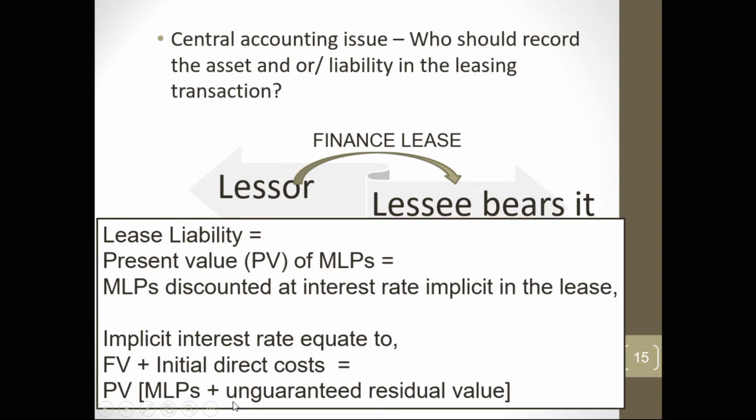If you have to sell the asset and recover it, they should be equal to the current cost versus the future income to be earned, and the discount rate is called the implicit interest rate.